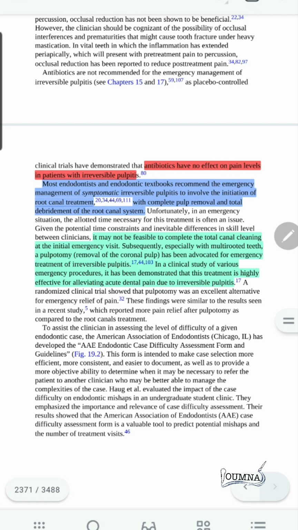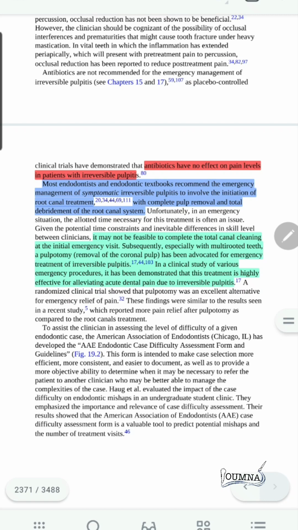But in some cases where the tooth is multi-rooted or we do not have enough time, removing the pulp chamber contents and putting a cotton with eugenol, then closing the tooth, must give the patient a big relief and rest.